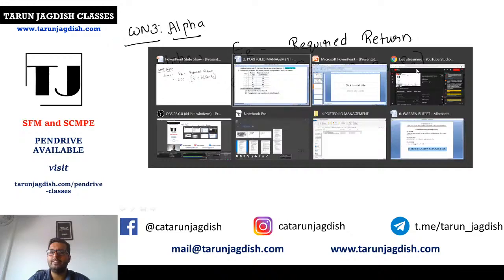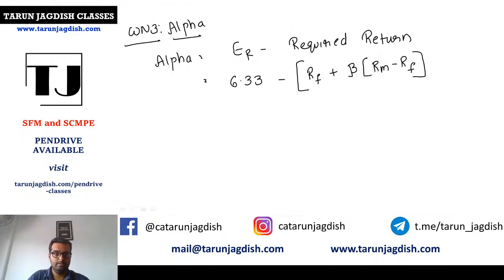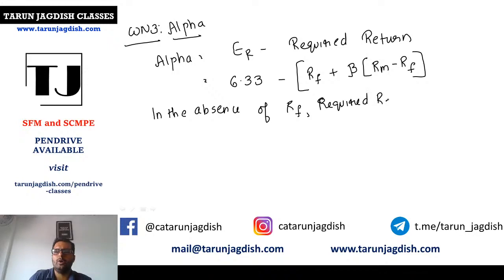Alright. But friends, in this question, have they provided any RF? RF is not provided. So in the absence of RF being provided, we will use beta into RM as the required return. So we can give a note over here: in the absence of RF, required return is found using beta into RM.